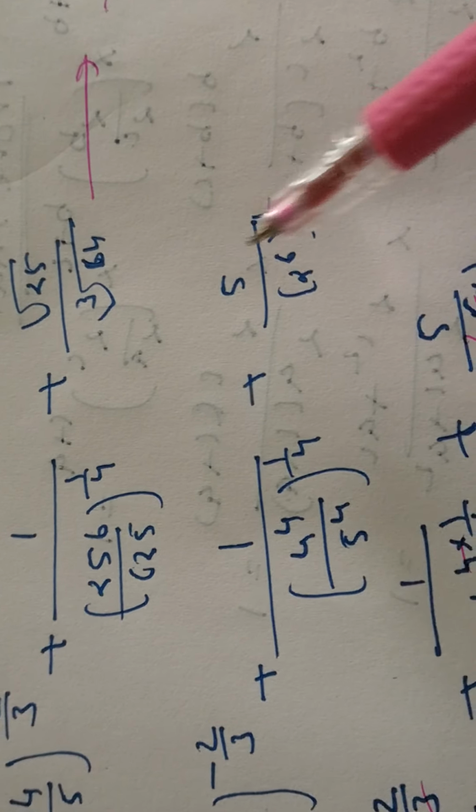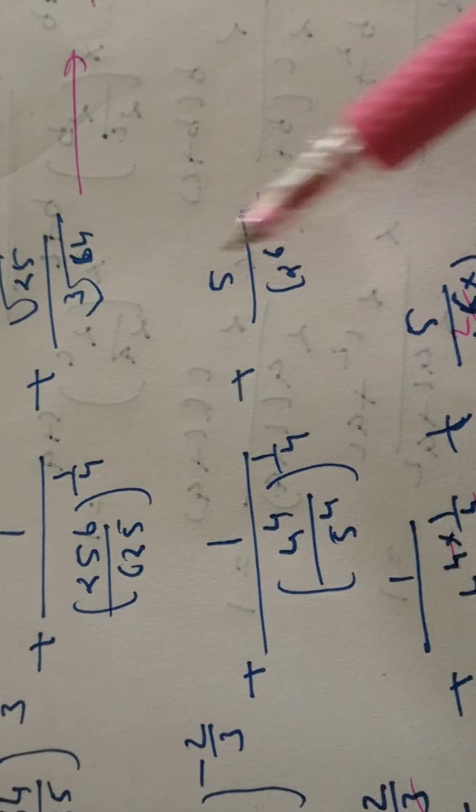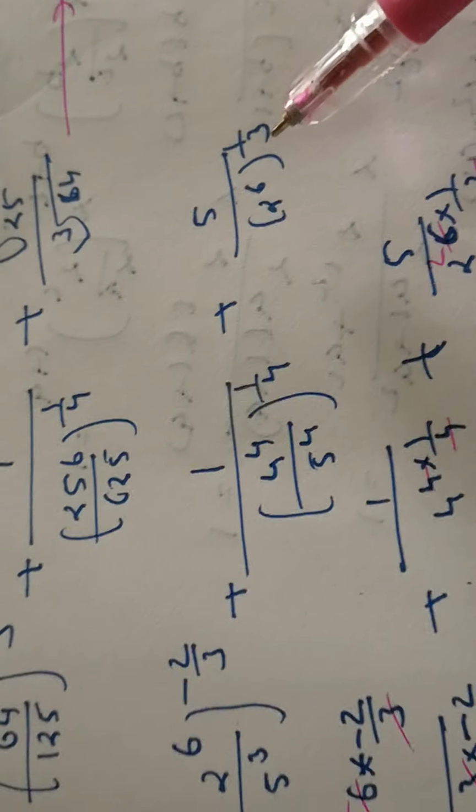Square root of 25 is 5 and 64 is 2 raised to 6. Cube root means raised to 1/3.